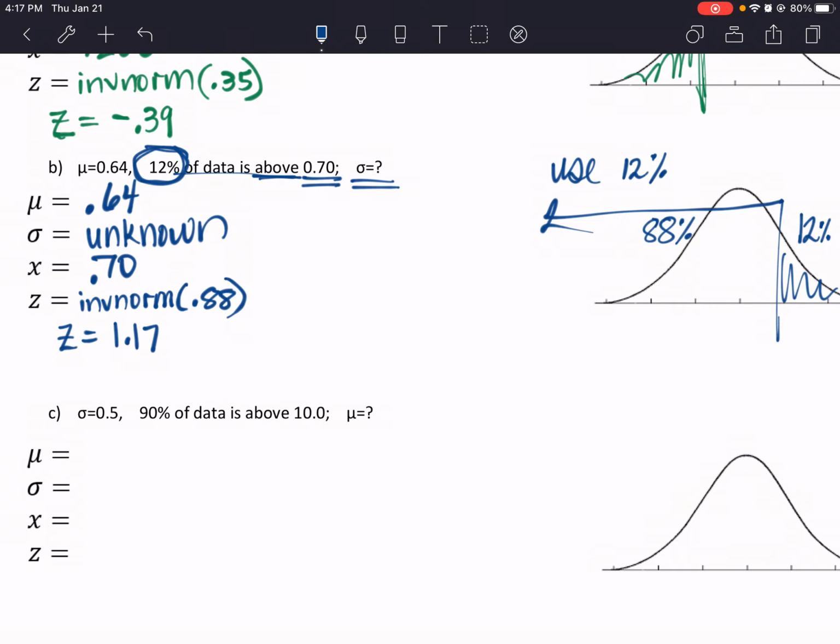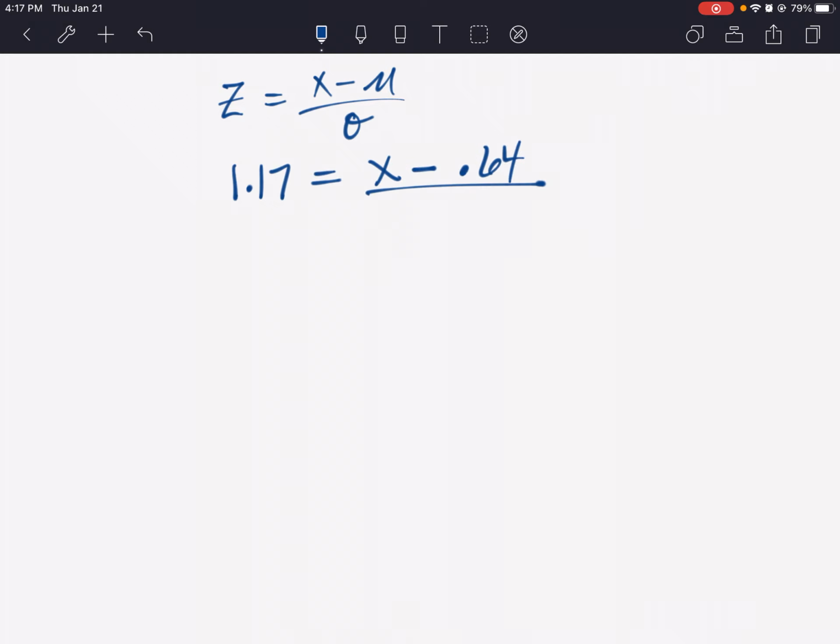Okay, so go algebra it up, and let's see how you do. We are going to start here. I'll just go ahead and write out our formula. So our z-score was 1.17 equals x minus the mean over the standard deviation, unknown. That's our sigma.